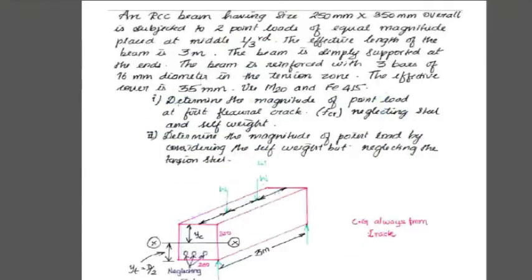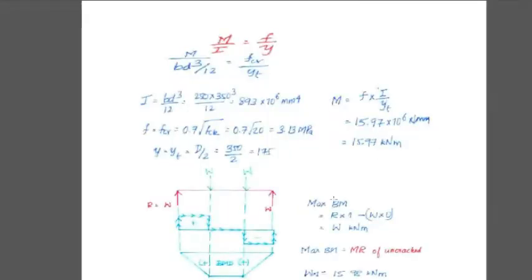Here what they have given is at first flexural crack you have to find the magnitude value. So the maximum bending moment occurs at this first point, which is nothing but the reaction at the left hand side into distance, so R into 1, which is equal to moment, so M equal to W.